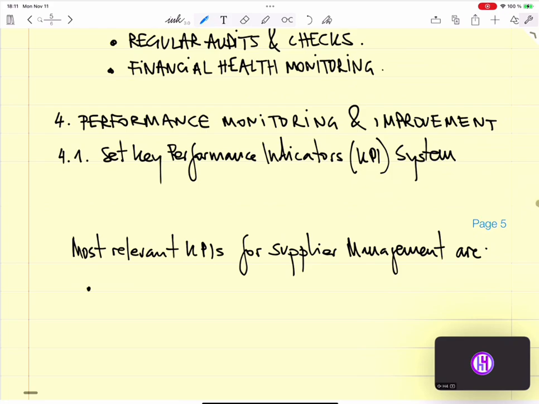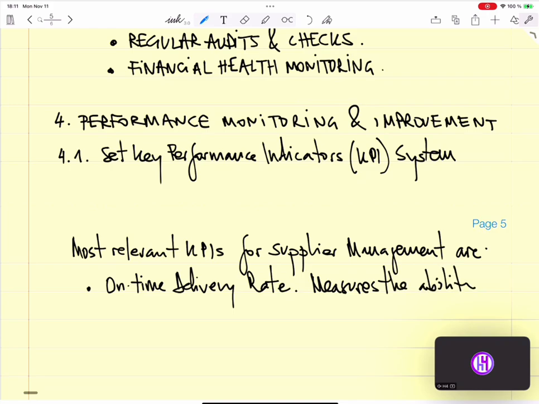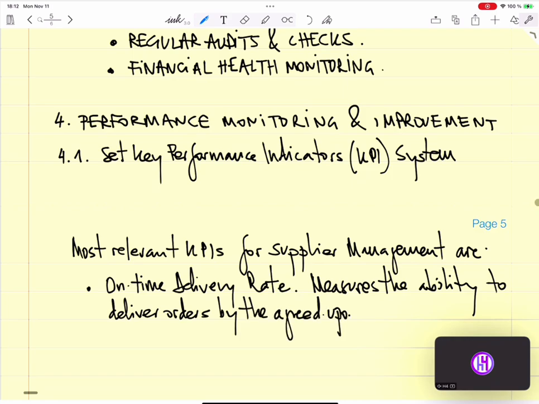On-time delivery rate, okay, so measures the supplier's ability to deliver orders by the agreed upon date.